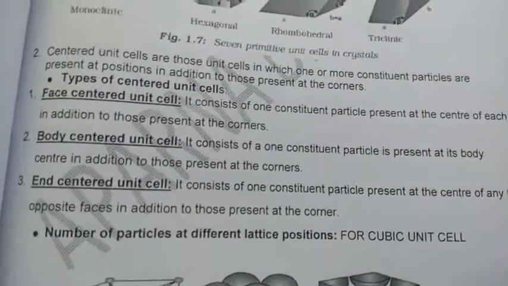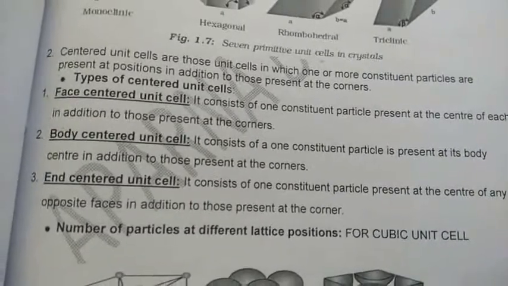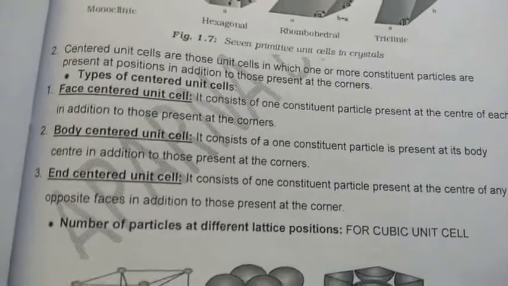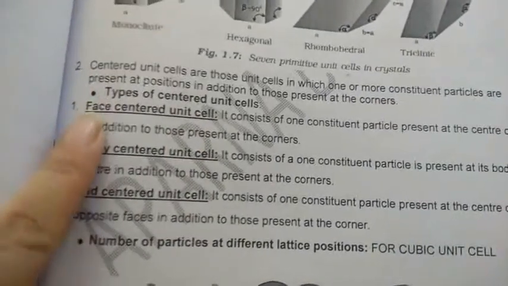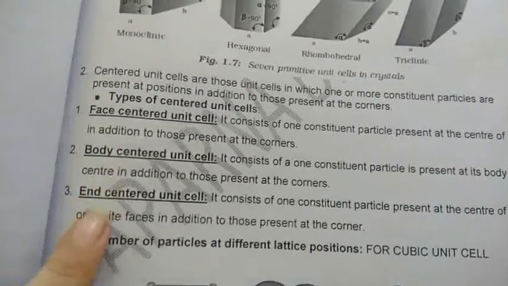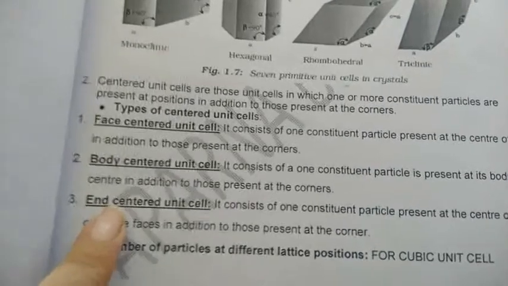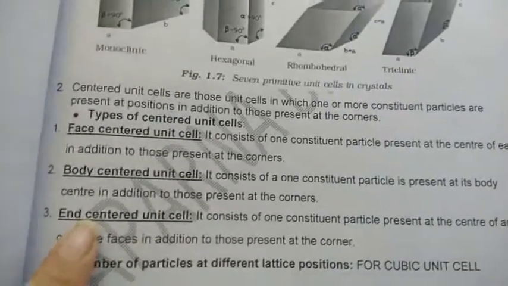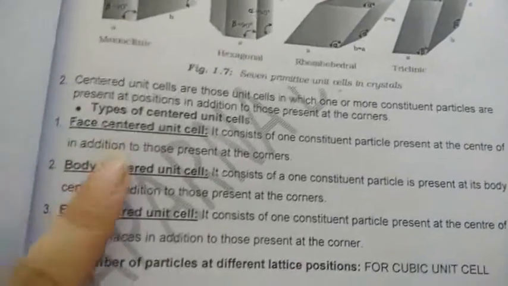So first of all, we will have to understand how many places there are wherein an atom, ion or molecule can be present in a unit cell. Basically, the centered unit cell is of three types: face-centered unit cell, body-centered unit cell, and end-centered unit cell. The end-centered is not given in NCERT and is not in the syllabus, but we should know it also. So face-centered and body-centered we will have to talk about.